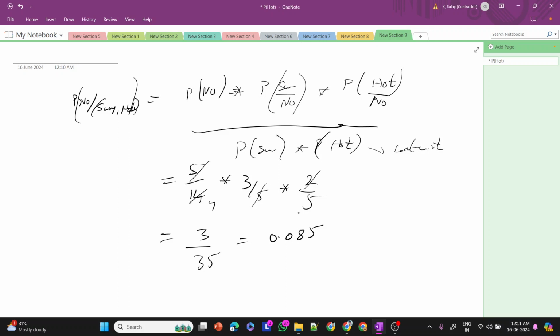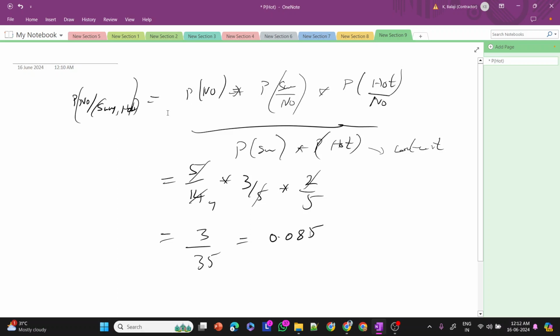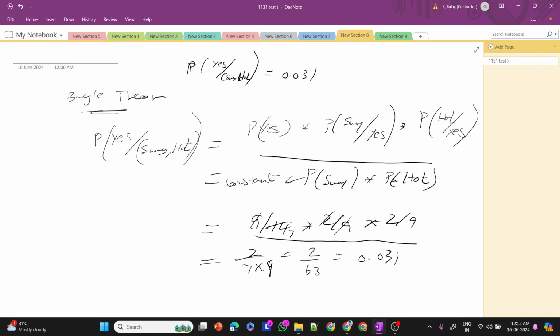Okay, we have two answers: the probability of yes when it was sunny and hot is 0.031, and the probability of no when it was sunny and hot is 0.085.